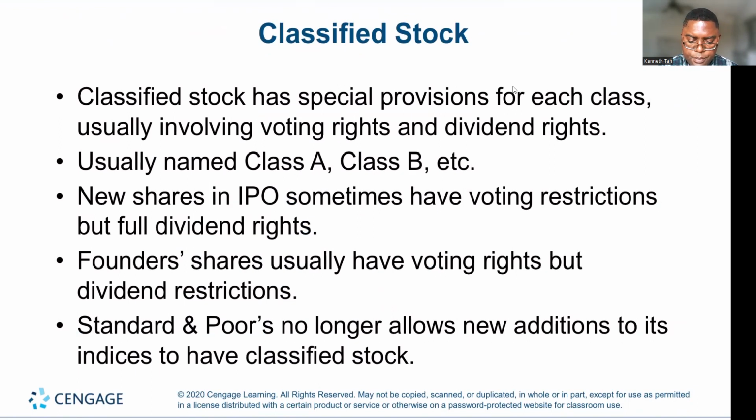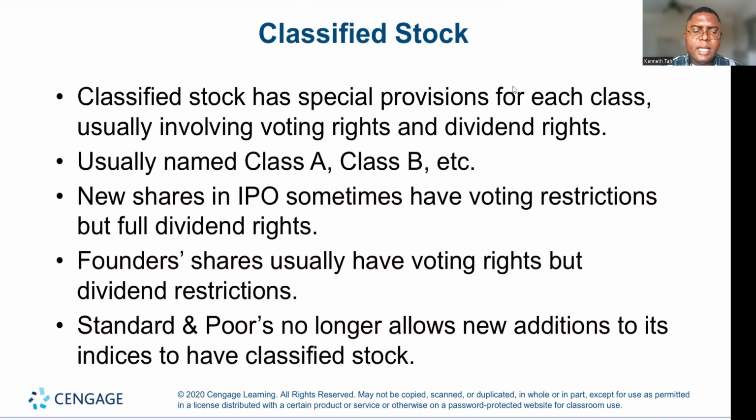We can classify stocks. This is an old classification that is gradually fading away. We can largely classify stocks as Class A or Class B stocks. Class A stocks are usually what is called founders' shares.